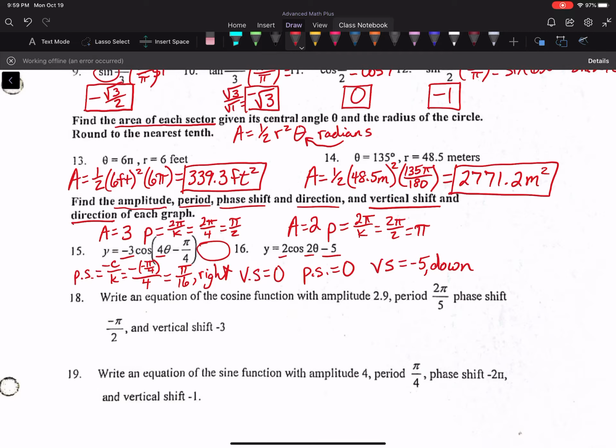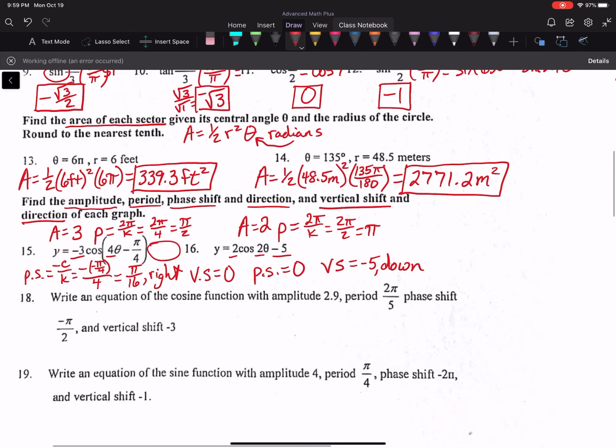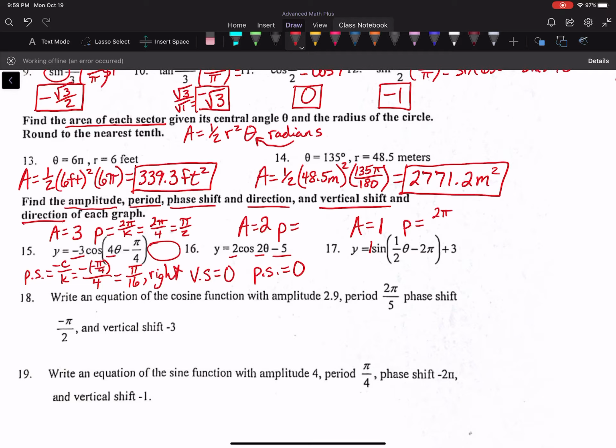Okay. Last but not least, I'm going to erase that answer. So hopefully you got it. Just rewind the video if you didn't. Pause it. For this one, amplitude is, there's an understood 1 there. So amplitude is 1. Period is 2 pi over k. K in this problem is 1/2. So that will be 4 pi.